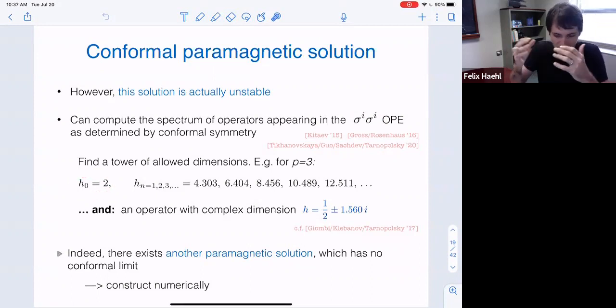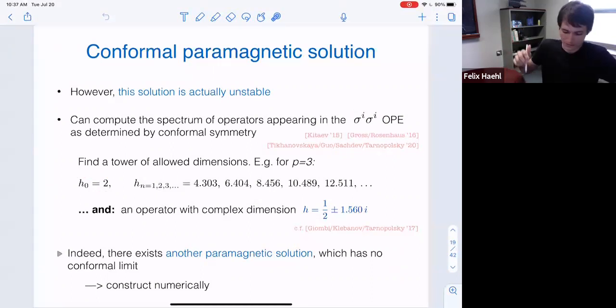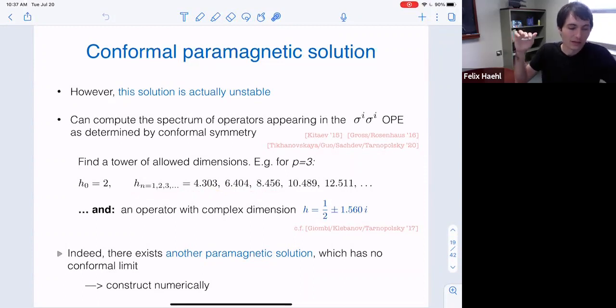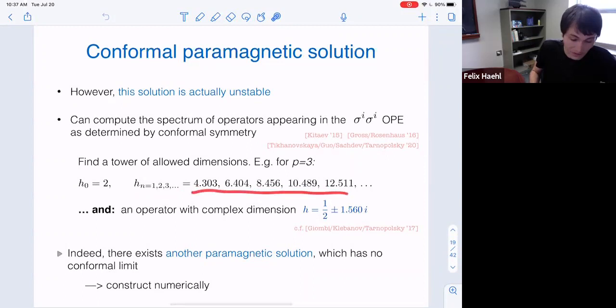That's kind of analogous to the stress tensor. It's this enhanced contribution that is also described by the gravitational physics. And then on top of that, you find all these irrational operator dimensions that can occur in this OPE. So they take some values which are irrational and which are discretely spaced.